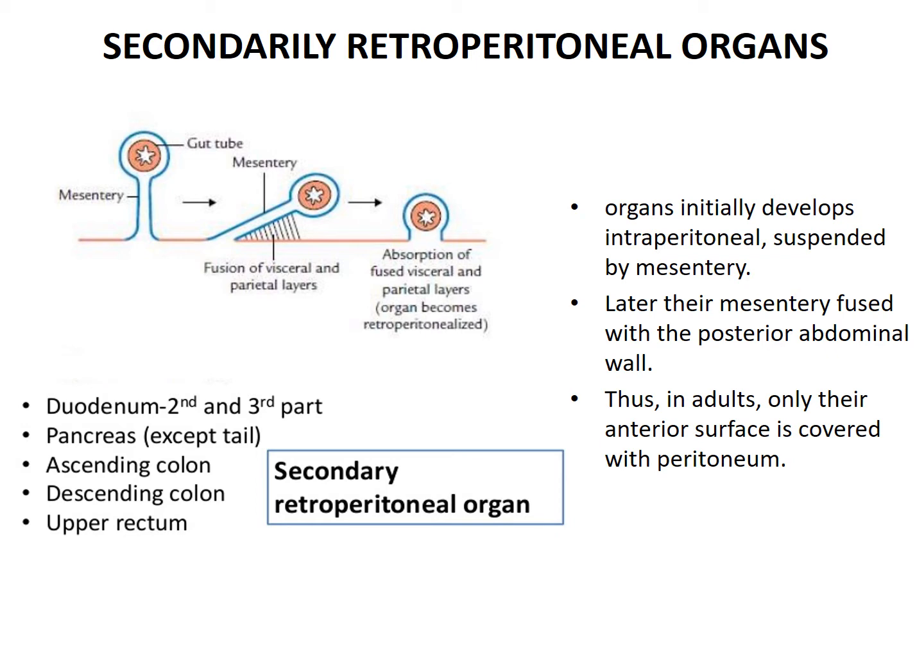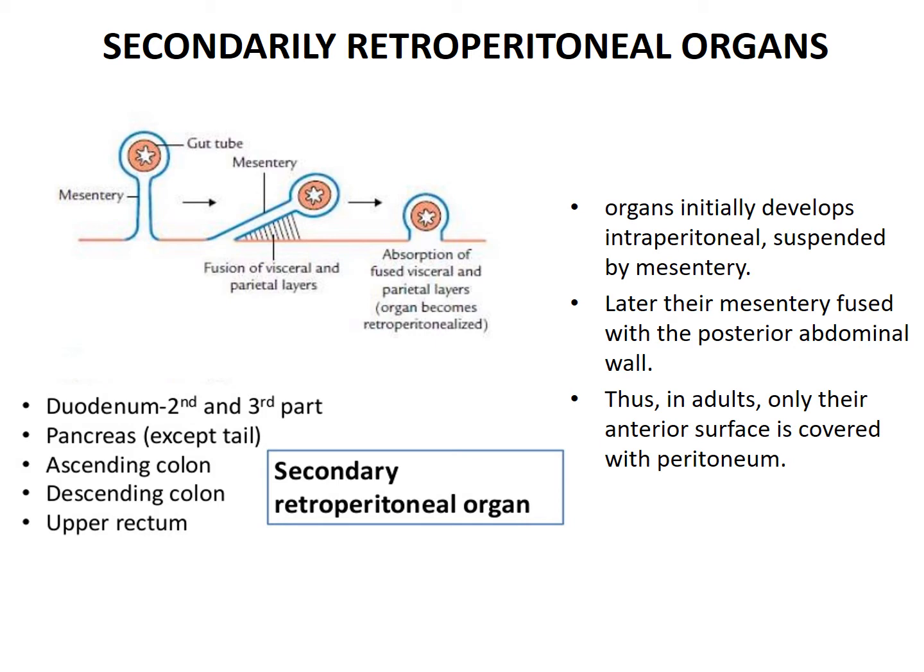Later on, with further development within the abdominal cavity, the mesentery of these organs falls onto the posterior wall of the abdominal cavity, and the adjacent peritoneal layers fuse and get absorbed in such a way that that particular viscera is surrounded by the peritoneal layer only on the anterior and the lateral aspect, and posteriorly there is no peritoneum found.